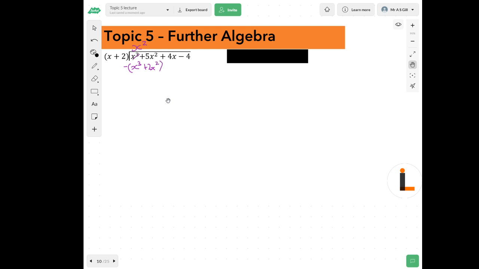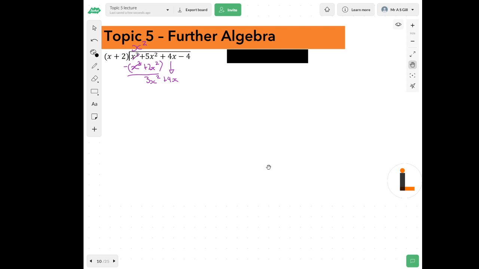Well then, my x cubes are going to cancel out. 5x squared minus 2x squared is going to give me 3x squared. And then I'll bring down this 4x plus 4x. And we're going to ask that same question again. What do I need to multiply this expression by here in order to get from x plus 2 to 3x squared?